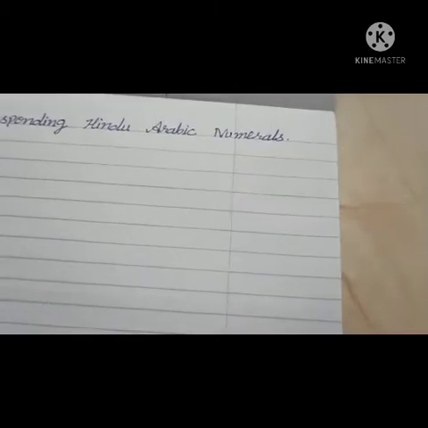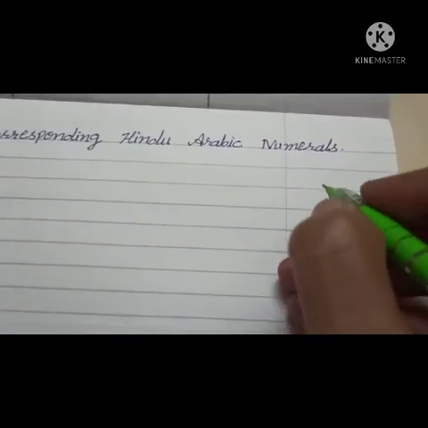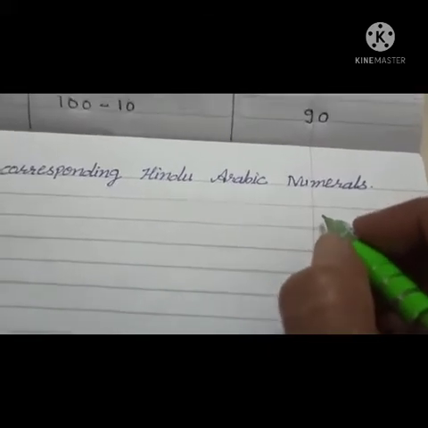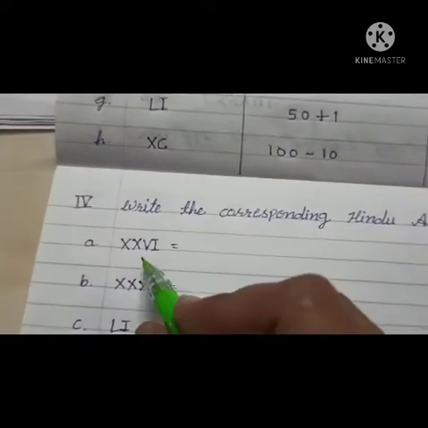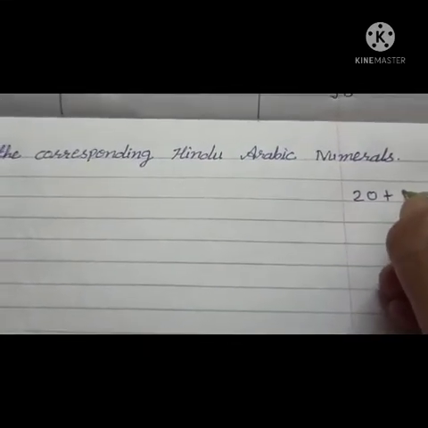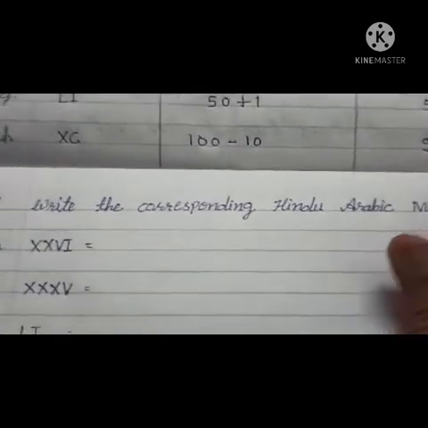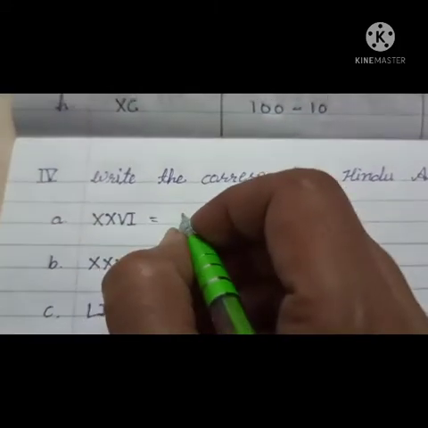Use this space for rough work. 10 plus 10, that means 20, plus 5 plus 1 is equal to 6. 20 plus 6 is equal to 26.